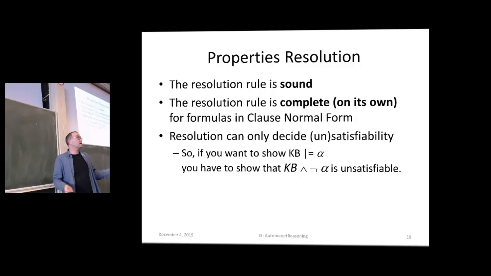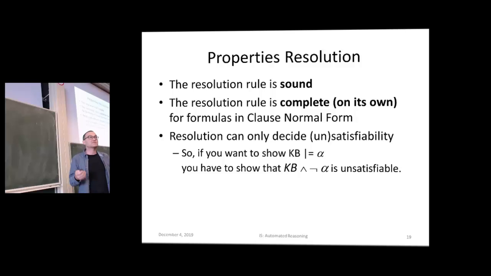Again, resolution can only check for unsatisfiability. So all you need to do in order to prove entailment is the same trick: you assume the opposite, and you show that the opposite is unsatisfiable, and then you get entailment. It's the same as we did with Davis-Putnam.